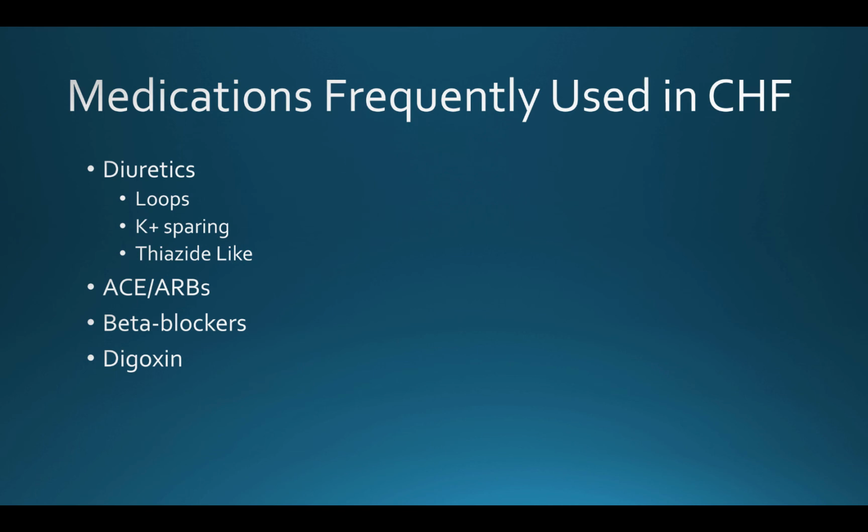Now, when you add thiazides on top of loops, you really get a profound drop in potassium levels. So that is definitely something to be very, very aware of. We've got to watch out for low potassium when we're adding thiazides on top of loop diuretics.